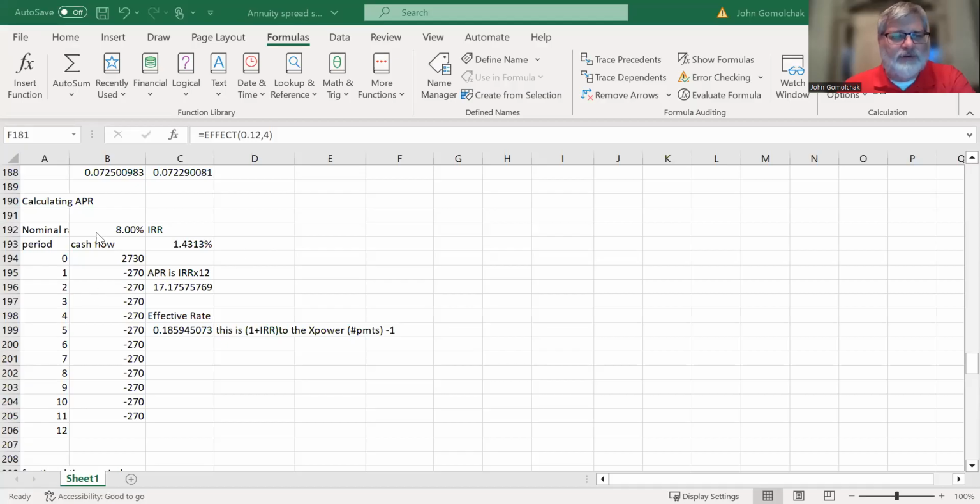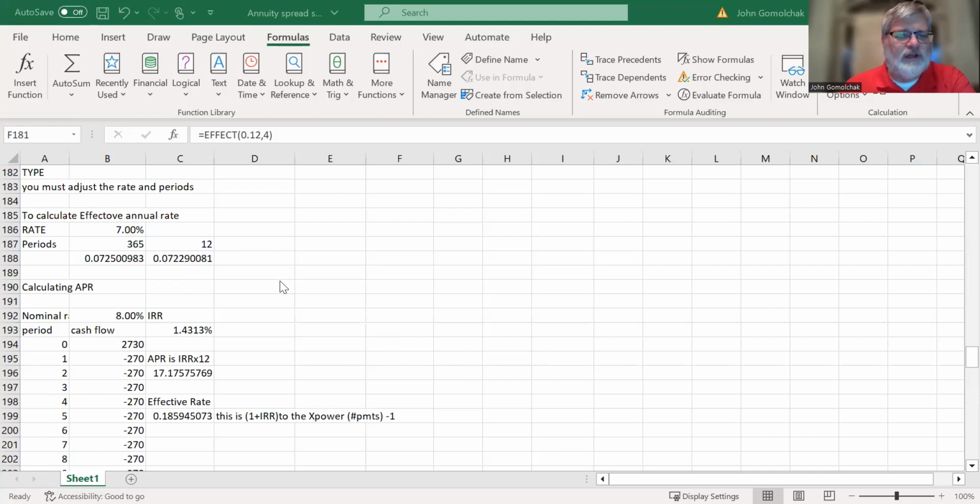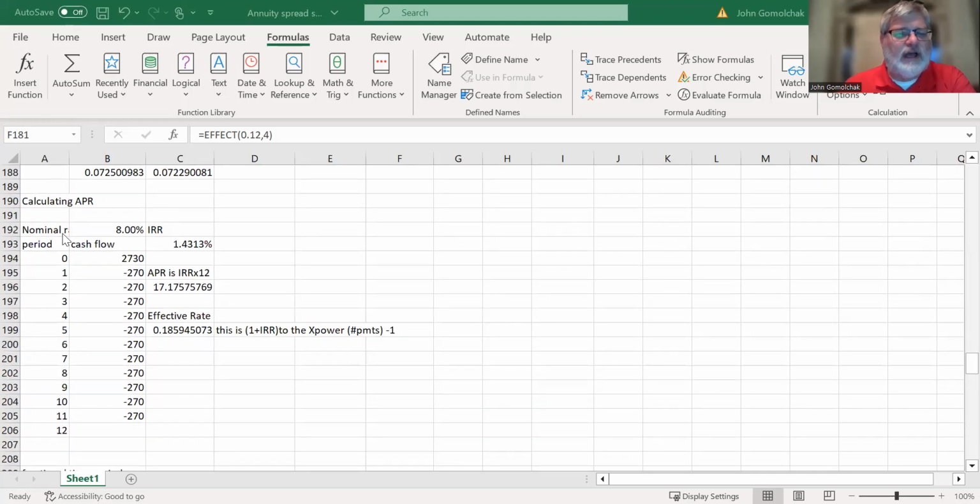So using my little wonderful chart that I've been using, I set up the nominal rate at 8%, and then I set up the periods 0 through 12, and then I showed the cash that happened.